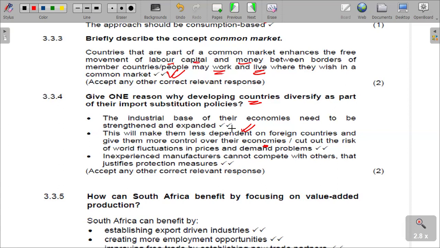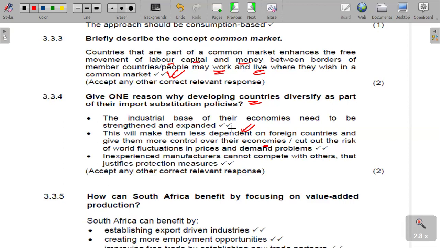Rather than focusing on one product, we have a variety. Therefore, we can look to other areas when price fluctuations take place.